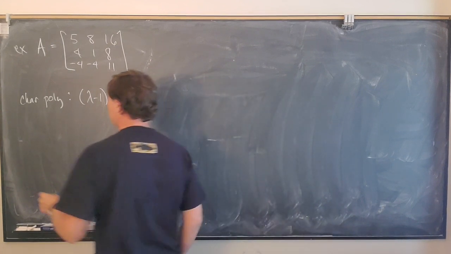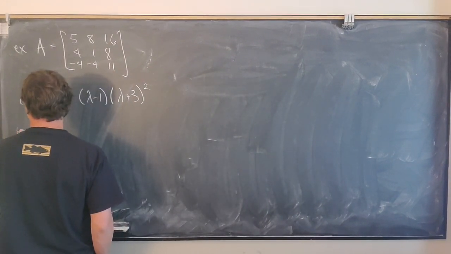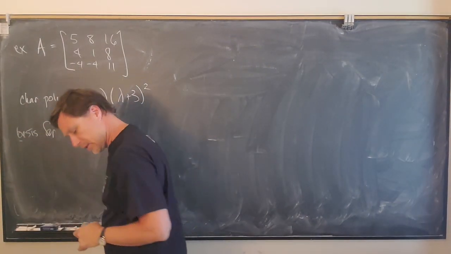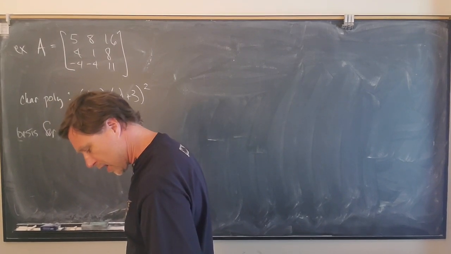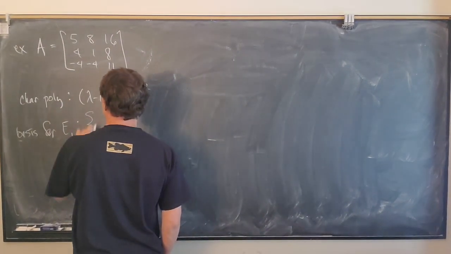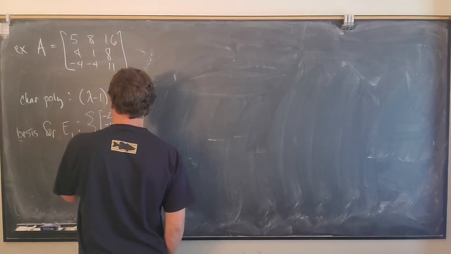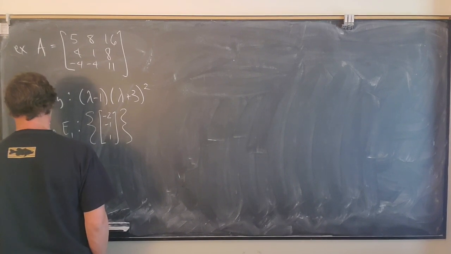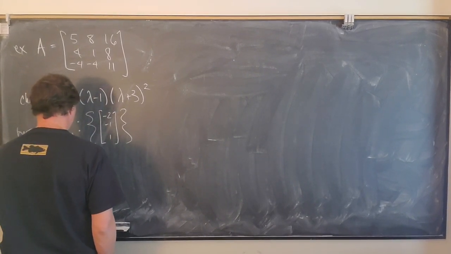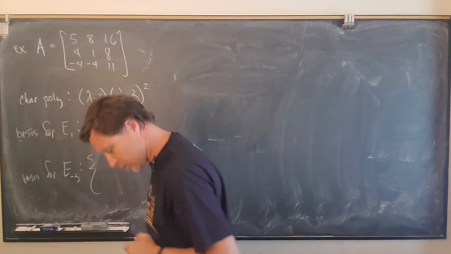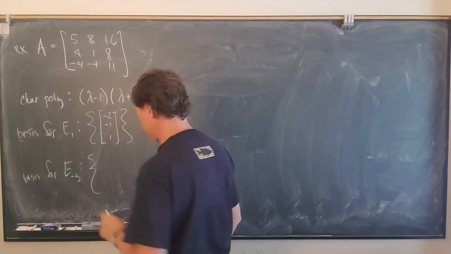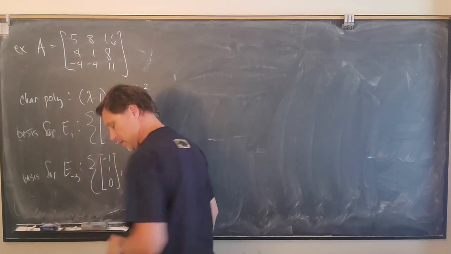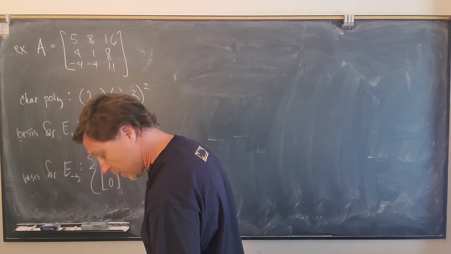We found bases, so the basis for E sub 1 consists of a single vector, and it's (-2, -1, 1). And the basis for E sub minus 3 consists of 2 vectors, and so it's going to be (-1, 1, 0) and (-2, 0, 1).